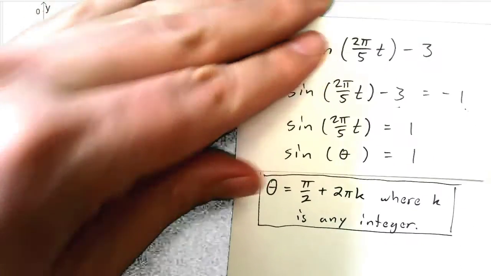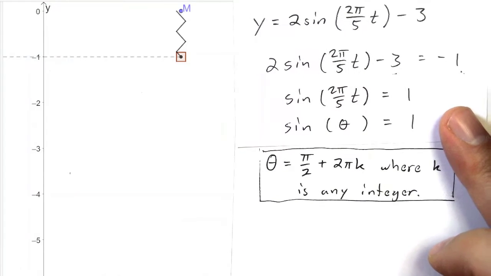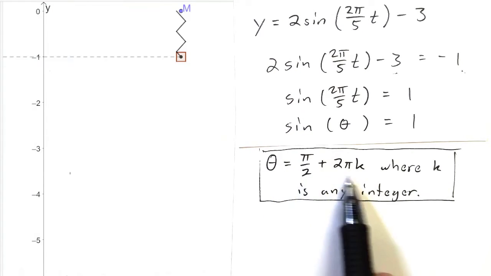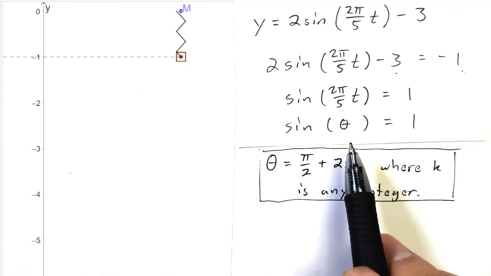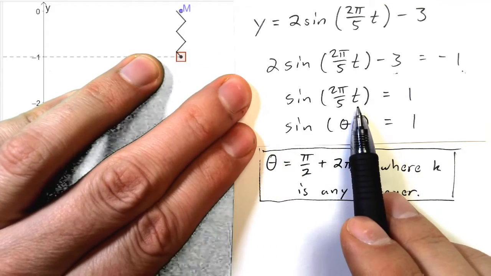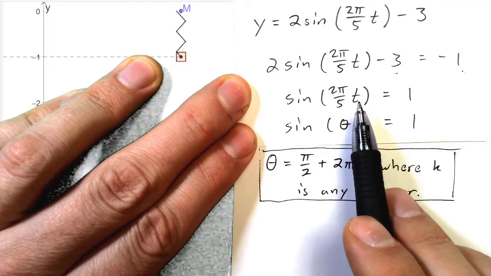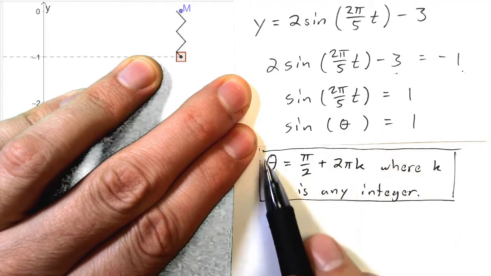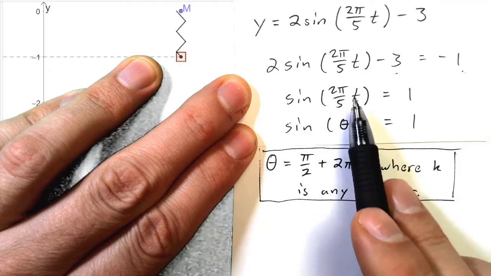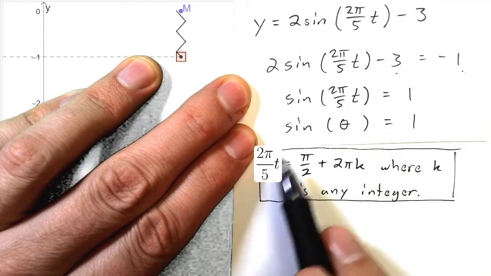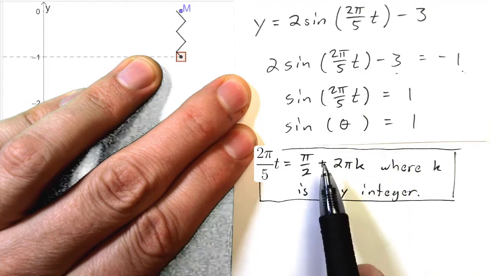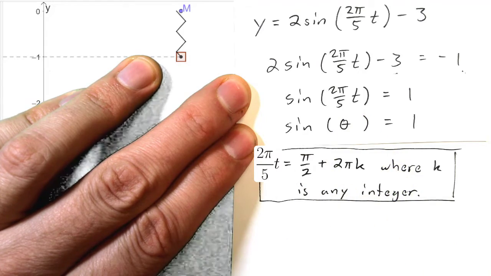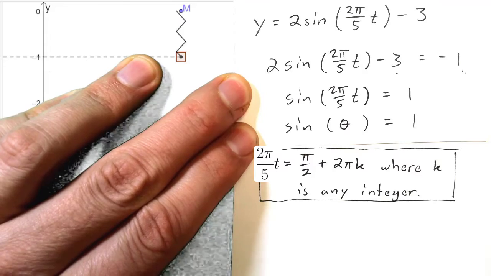When we solved sine theta equals 1, we found that theta is described by one of these values here, where k is any integer. But what we're really after is the value of t. So how do we find t? Well, remember that theta is equal to 2 pi over 5t, so just plug that in place of theta and solve for t. I'll just divide both sides of this equation by pi and multiply by 5/2.